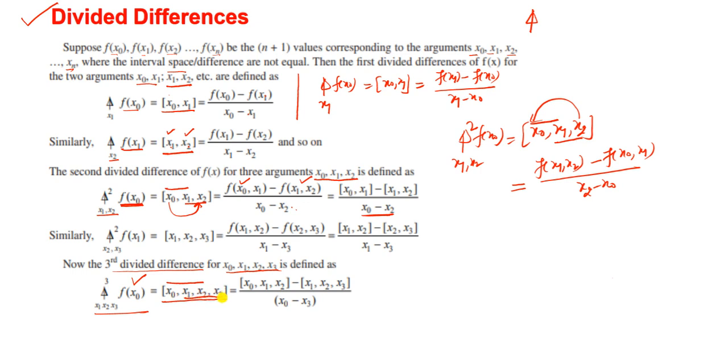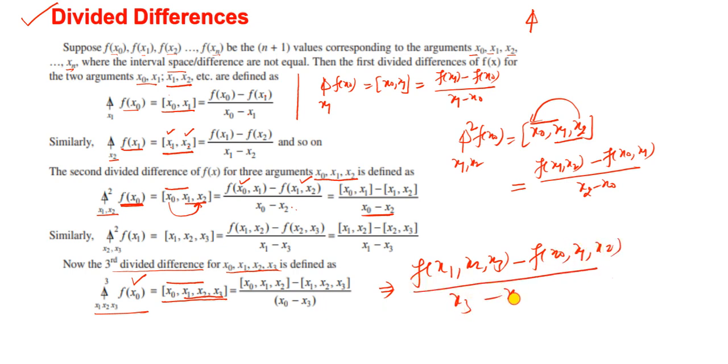Then the third order divided difference is f of x1, x2, x3 minus f of x0, x1, x2 upon x3 minus x0. So this is the definition of the third order divided difference for the arguments x0, x1, x2, x3.